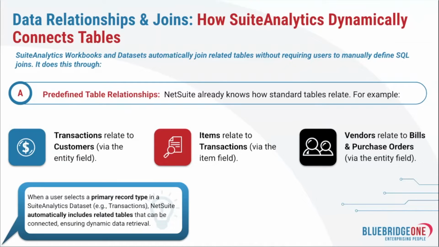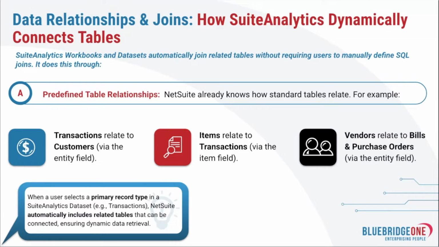Some use cases here. Accounts receivable team. Instead of running separate saved searches for invoices and payments, a single workbook can combine them to analyze outstanding balances and collection trends. Sales and finance teams can link customers, sales orders, revenue recognition records to track real-time order to cash performance.